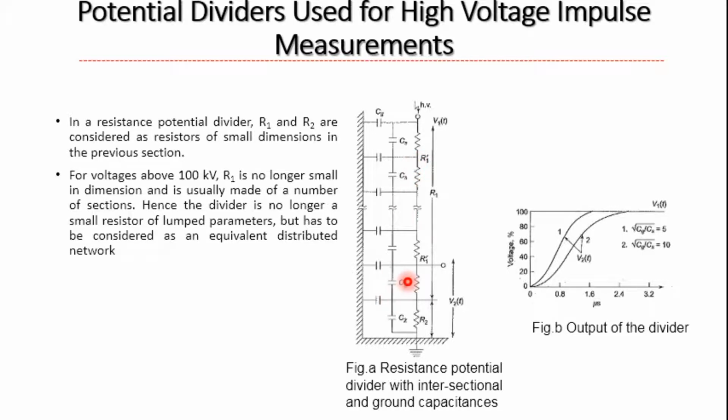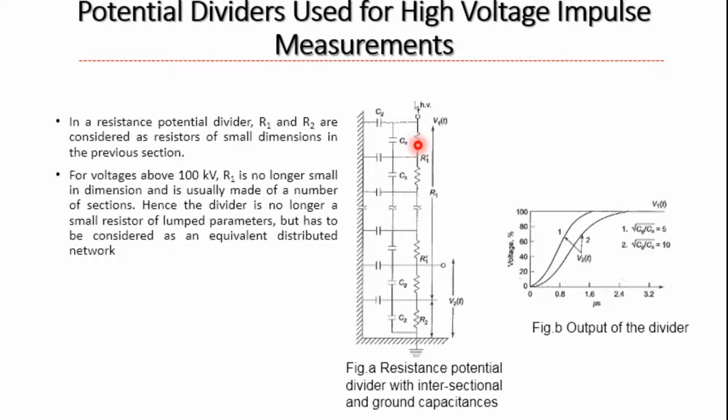Here Cg is the ground capacitance of each resistor element R1 dash, and Cs is the stray capacitance between the terminals of each section, which you can see here. The inductance of each element, which is not shown in this figure, is usually small compared to the other elements.